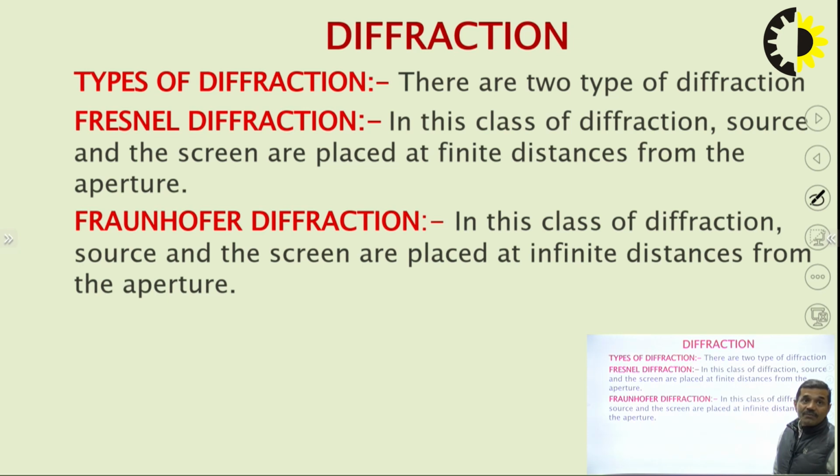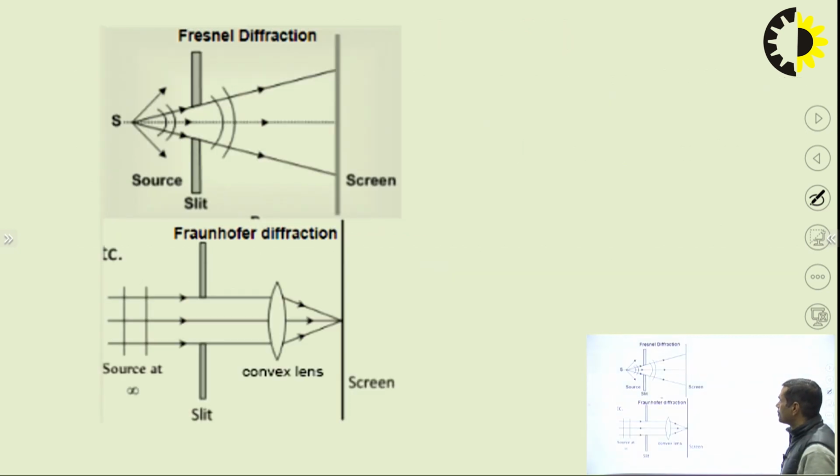There are two types of diffraction. We can categorize diffraction in two categories, Fresnel and Fraunhofer. The basic difference is that in case of Fresnel diffraction, the source and the screen are placed at finite distance from the aperture. But in case of Fraunhofer diffraction, source and screen are placed at infinite or long distances from the aperture.